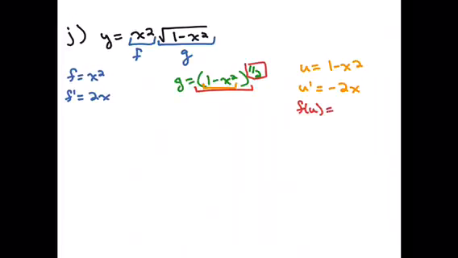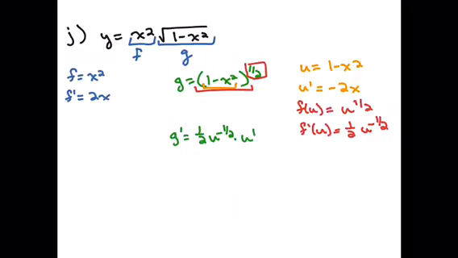So my f of u is u to the 1/2, then f prime of u would be 1/2 u to the -1/2. So that means my g prime is then 1/2 u to the -1/2 times u prime, or 1/2 times (1 minus x squared) to the -1/2 times -2x.